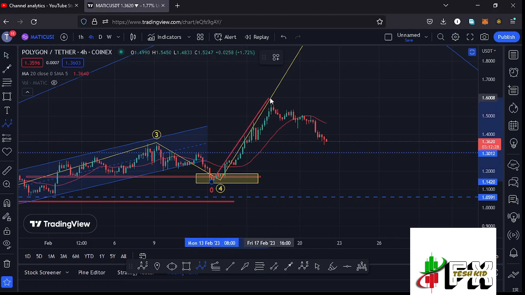And after seeing the high for that wave 1, whatever we expect next is a corrective structure in the formation of that wave 2.